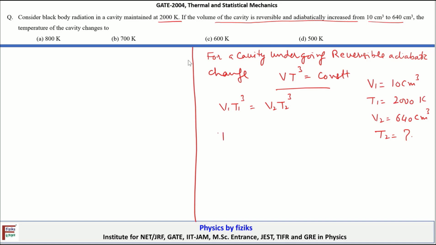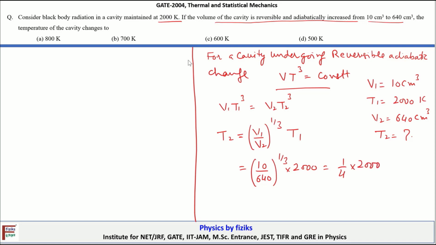So T2 will be V1 by V2 to the power 1 by 3 multiplied by T1. That means 10 divided by 640 to the power 1 by 3 multiplied by T1, which is equal to 1 by 4 into 2000, and that is equal to 500 Kelvin. So therefore D is the correct option here.